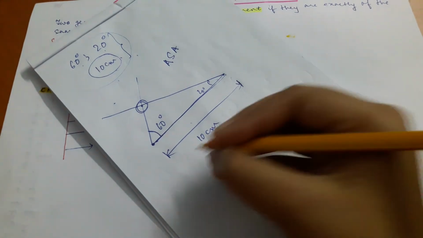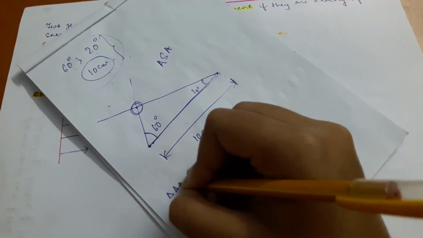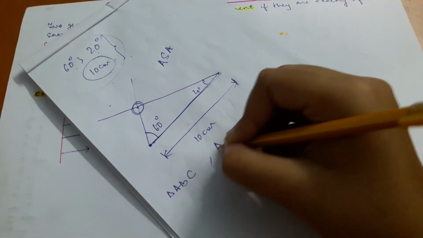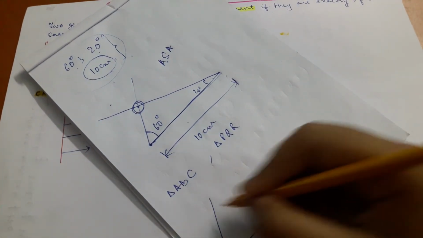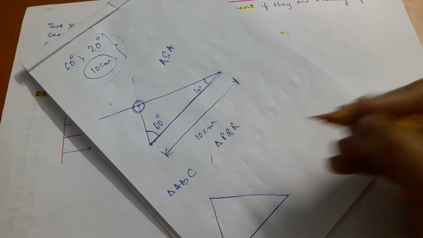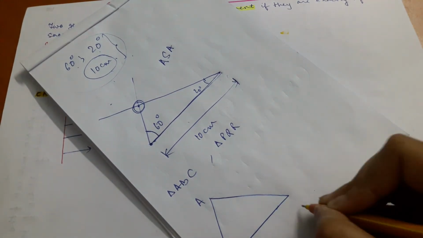So for two triangles, suppose triangle ABC and triangle PQR, I am drawing the figure. Suppose this is my ABC.